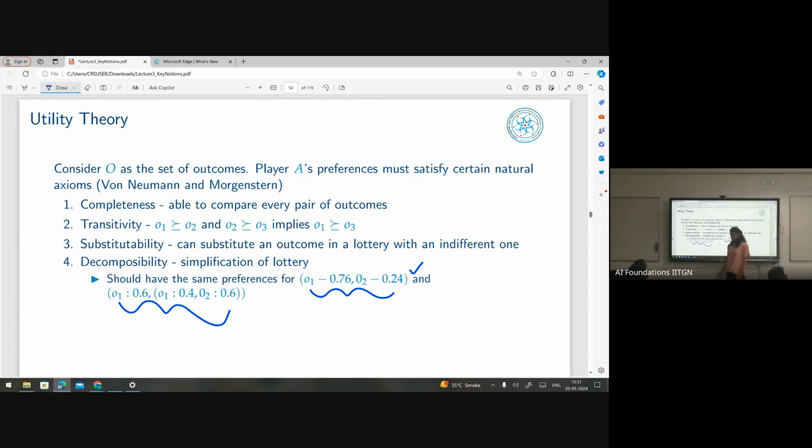There is another lottery. Now I have a different coin which is biased 0.6 heads. So every time there is heads, I choose outcome 1. But every time there is tails, I flip another coin.